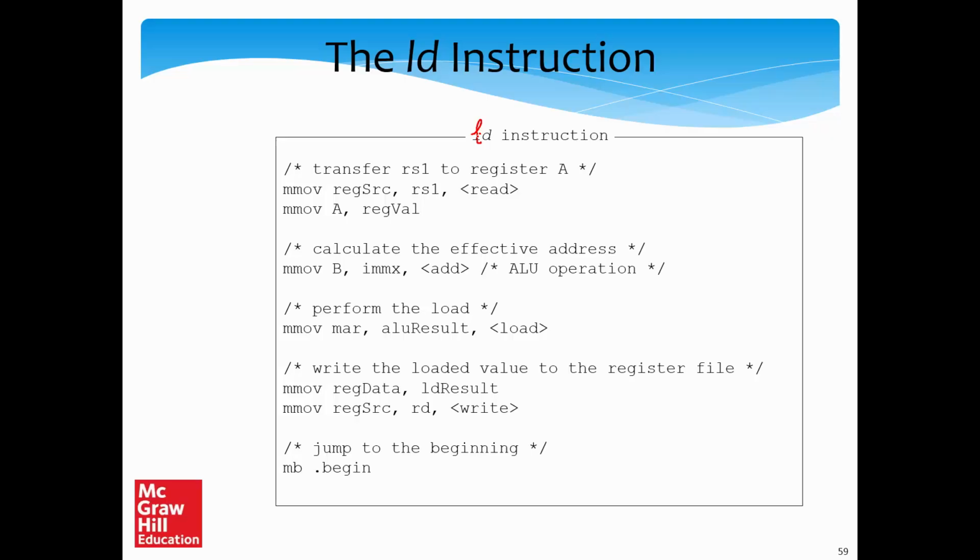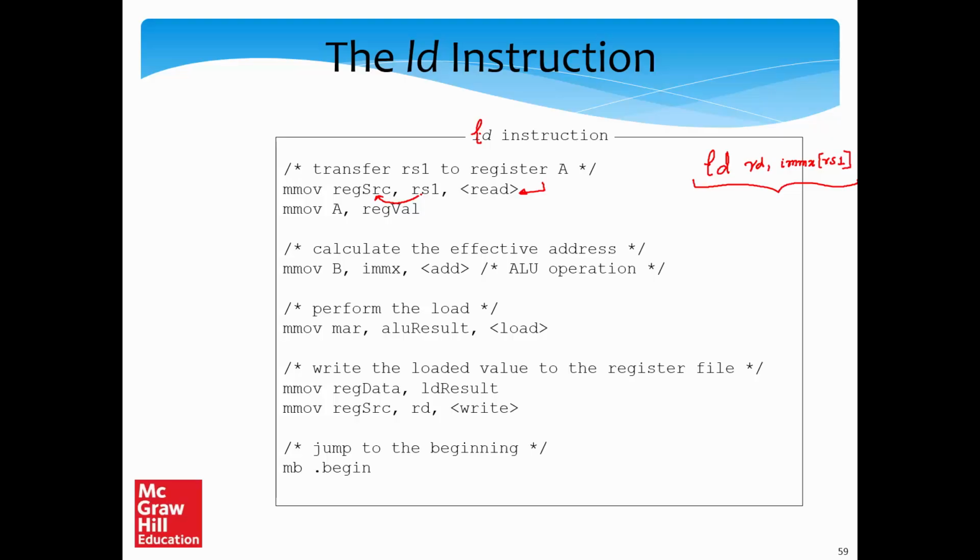So the load instruction works like this. The format of the load instruction is that we write to a destination register, and we have an immediate which contains the offset, and RS1 is the base register. So we read RS1 first, by transferring the contents of RS1 to read source and by transferring the read command on the bus.